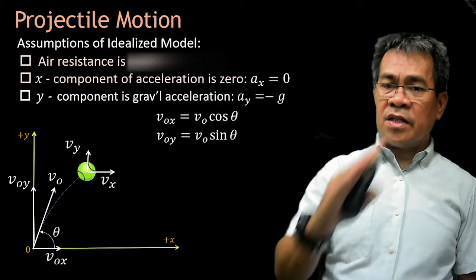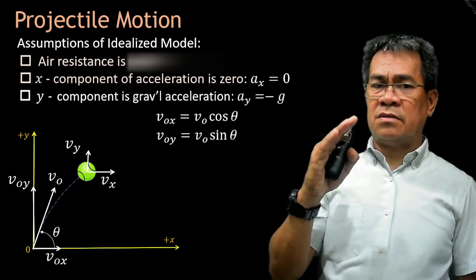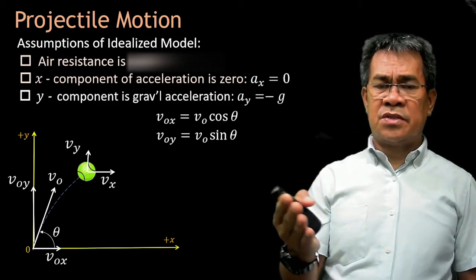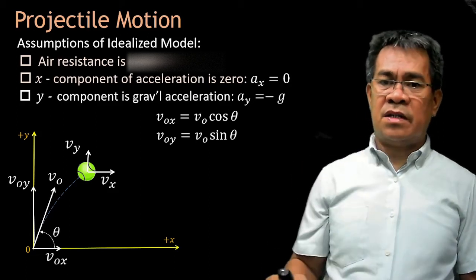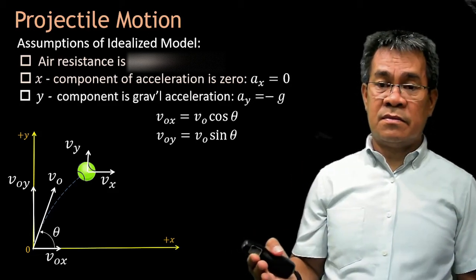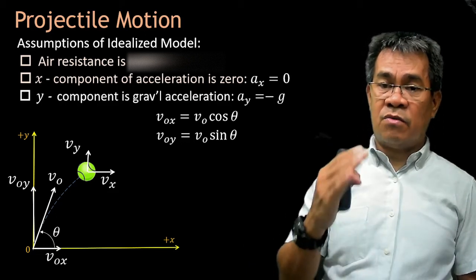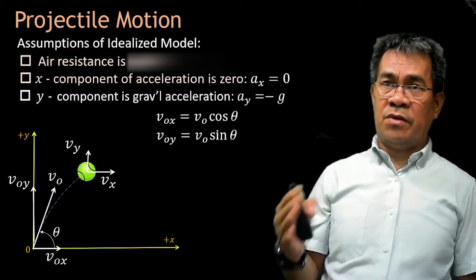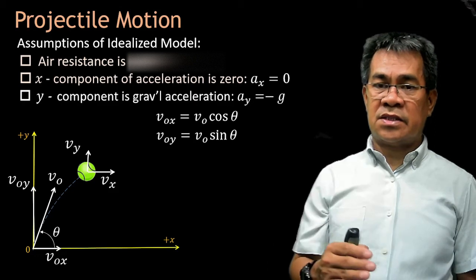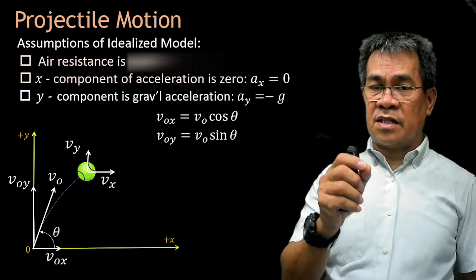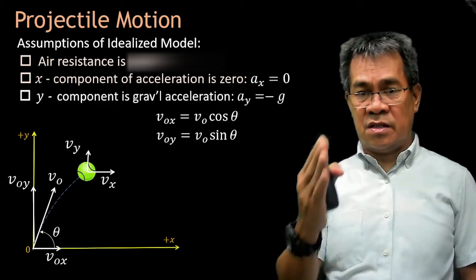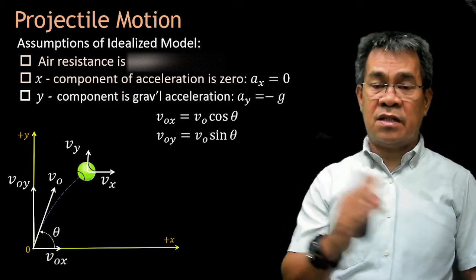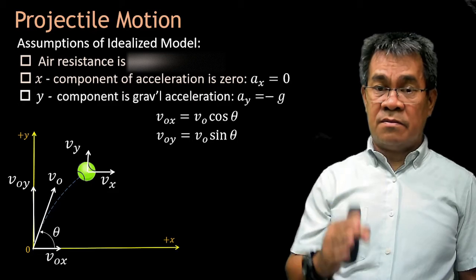The trajectory, remember, because there's no acceleration along x, must be a parabolic curve. It is a parabola open downward. So when we say parabola, there must be a vertex, and that vertex has the axis of symmetry, which means that there are points of symmetry on this curve.